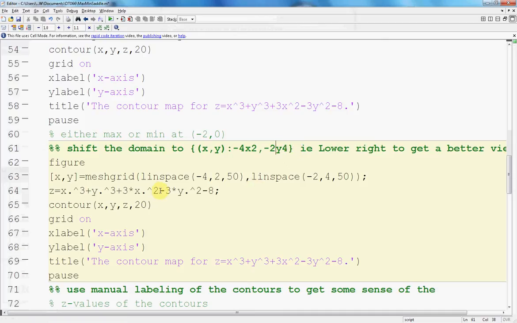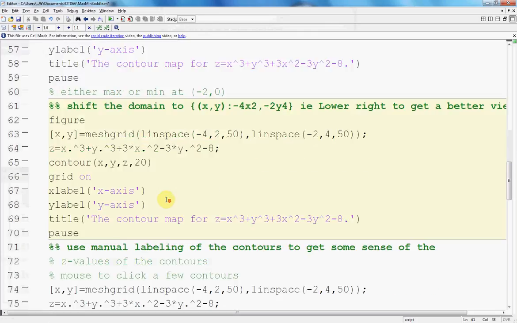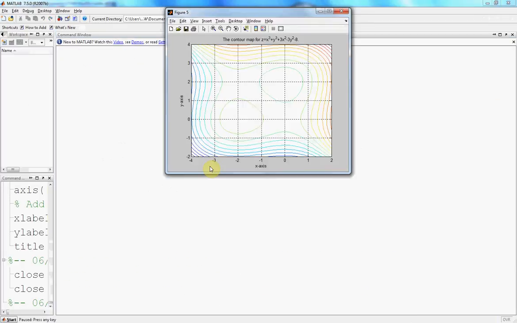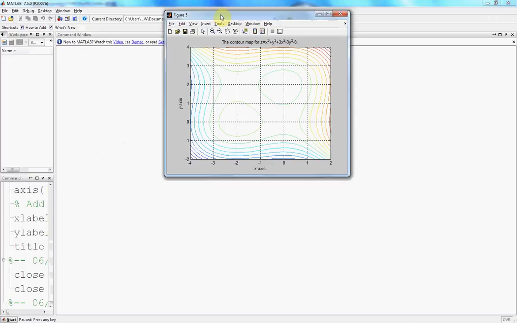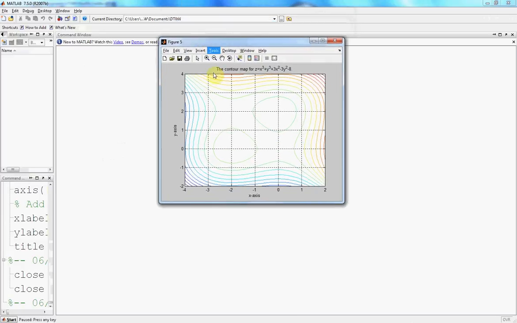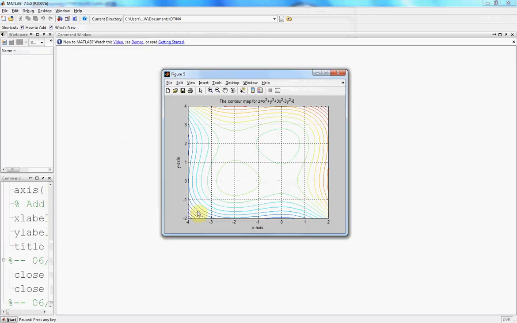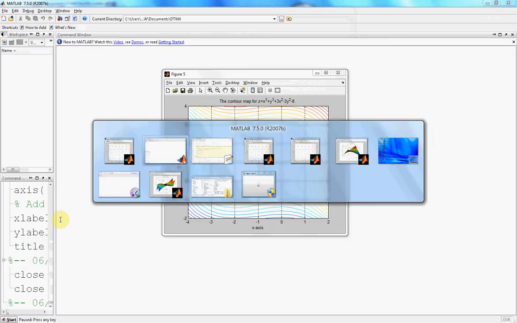So we've created XY again, we've done the contour, and here we've done the linspace at 150, so when we look at that again, now when we just get this down here so I can see what's going on. Yep, so we've shifted it to -2 and -4, and that should see again.